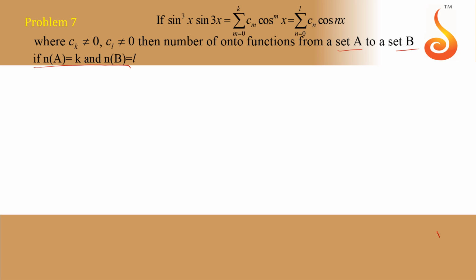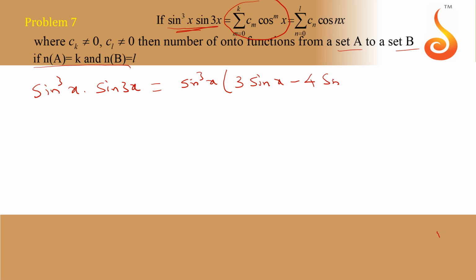Now sin cube x sin 3x, if you observe this carefully, they want to express sin cube x into sin 3x as cos powers. So let us write sin cube x into 3 sin x minus 4 sin cube x.